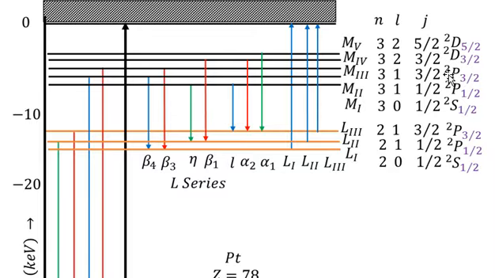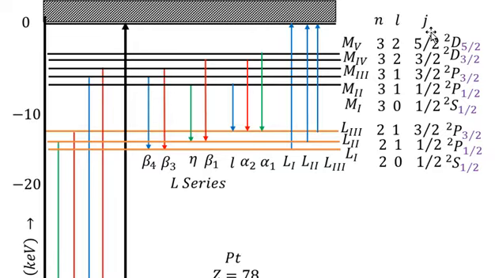On the right column, I have shown three quantum numbers: the principal quantum number n, orbital quantum number L, and total quantum number J. When the principal quantum number n is equal to 3, the possible values for L are 0, 1, and 2.